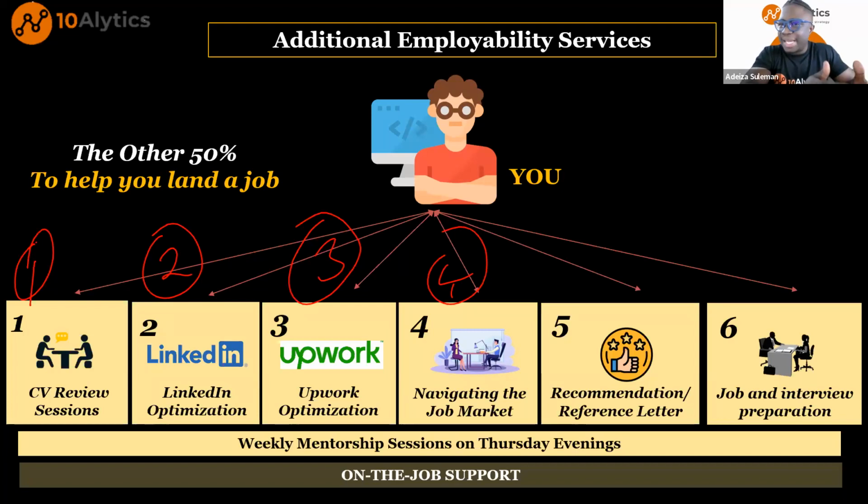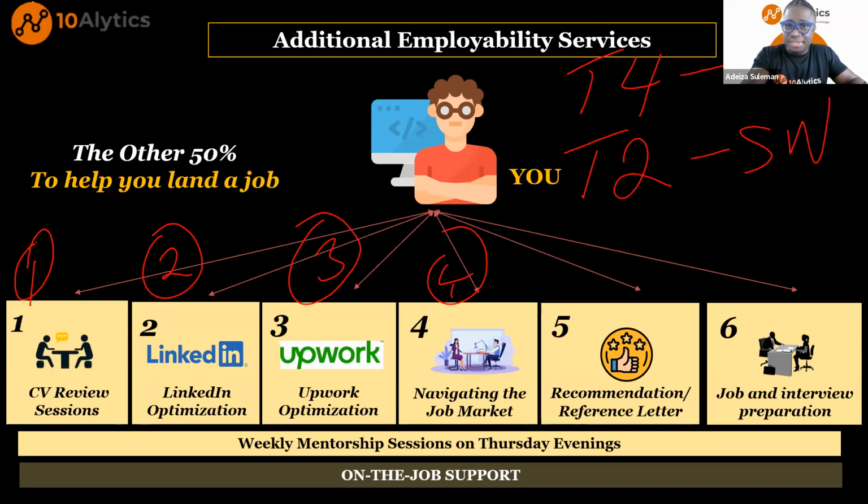For example, I always give this example. How do you get a skilled worker visa? If you've come into the UK for a master's, how do you transition from your student visa, a Tier 4, to a Tier 2 skilled worker visa? Tier 4 is a student visa. So how do you transition from a student visa to a skilled worker visa?